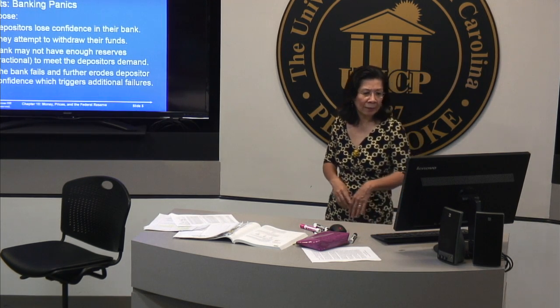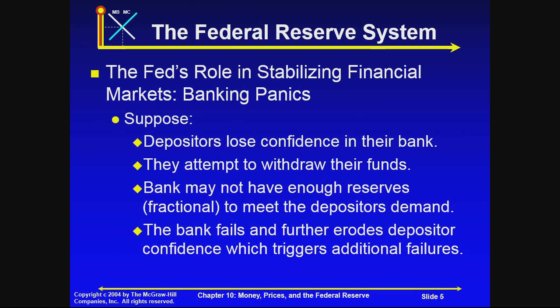Okay, what's the main role of the Federal Reserve Bank? Now remember we had the Great Depression, 1929 to 33. So what happened then? There was a problem. You saw the pictures: the banks were not able to meet the demand of the depositors, because when you practice a fractional reserve banking system, you set aside some amount.